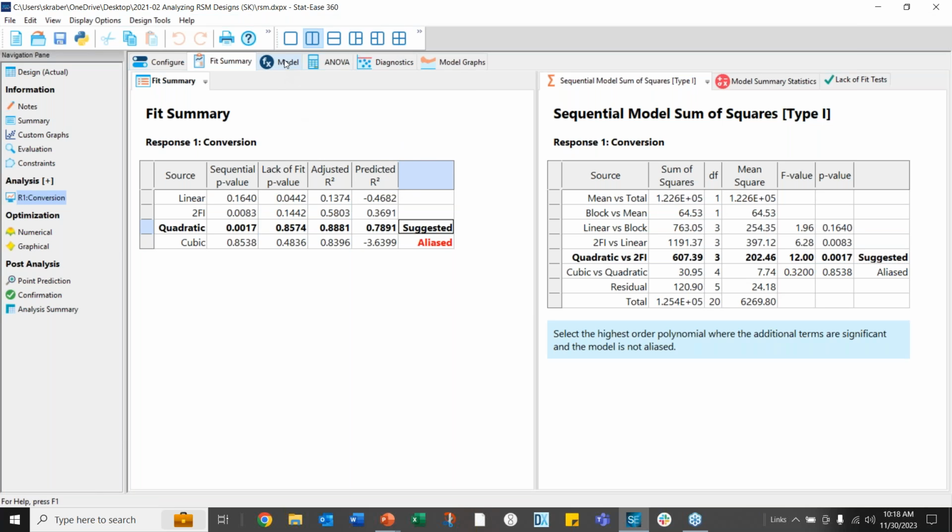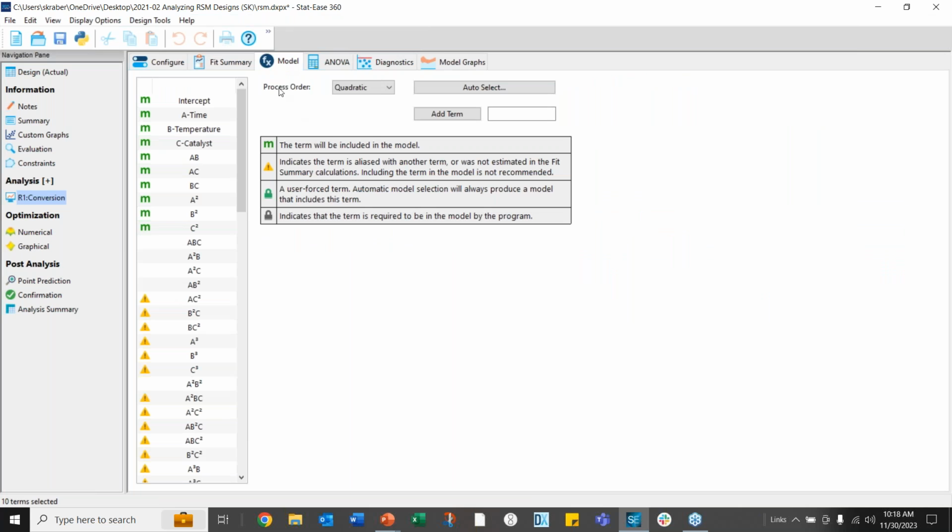That suggested model is then carried forward onto the model screen. So you can see that it's going to quadratic. If the two-factor interaction model was the best model, then this would default to two-factor interaction. So the suggested model is a really great place to start. I would highly recommend it.